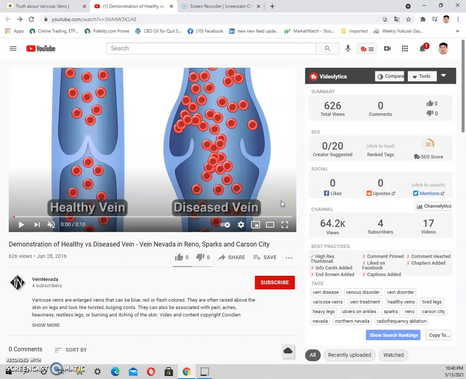There are many physiological differences between healthy and diseased veins, and one of the biggest factors that causes varicose veins is a defect in the vein valves. Here is the normal one. In the varicose vein, the vein valve is damaged.